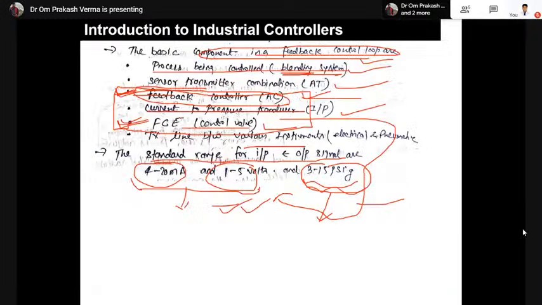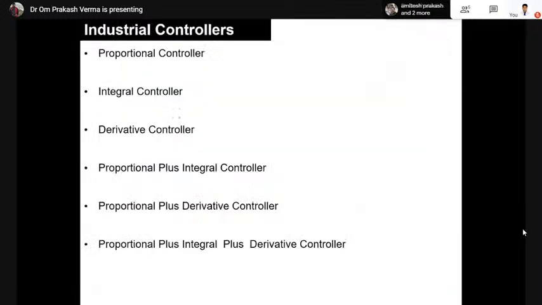Now, what are the different industrial controllers used generally? This is the core part. Nowadays, many controllers based on advanced or optimization techniques have been designed, but generally we still use these industrial controllers only.